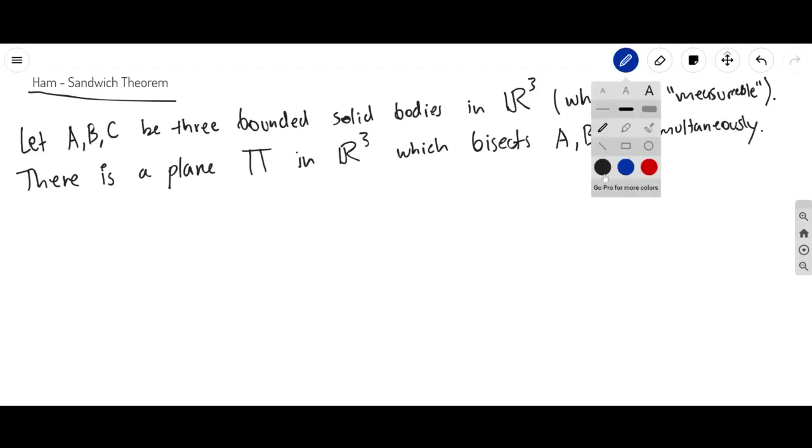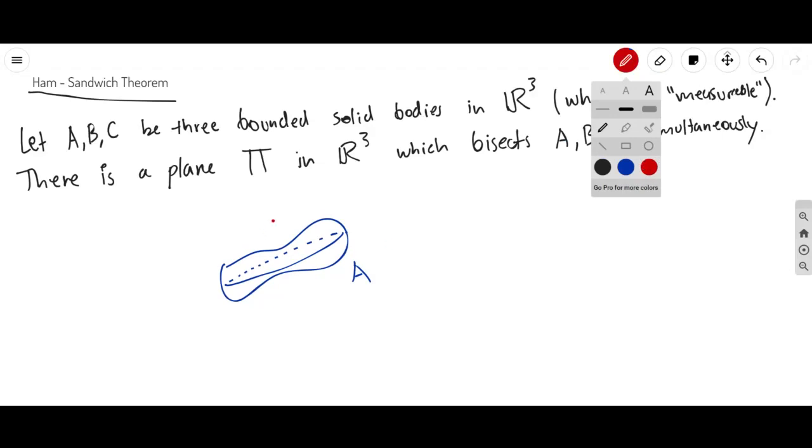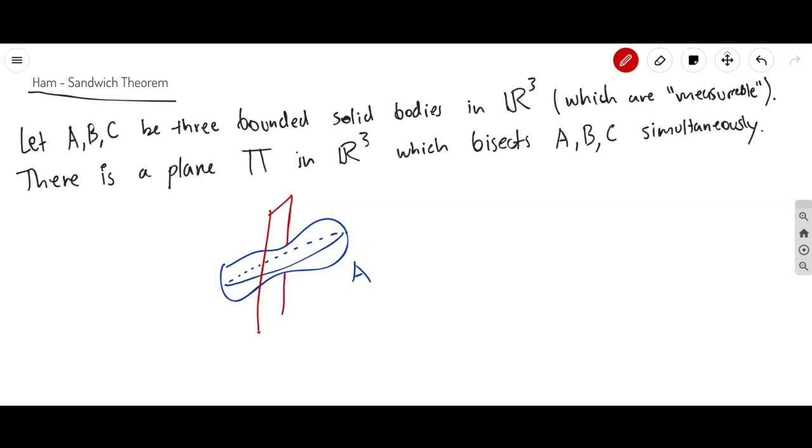So you have some kind of solid body. This is A. This is a solid body. You're saying that there's a plane, Pi, that would cut it into two portions.